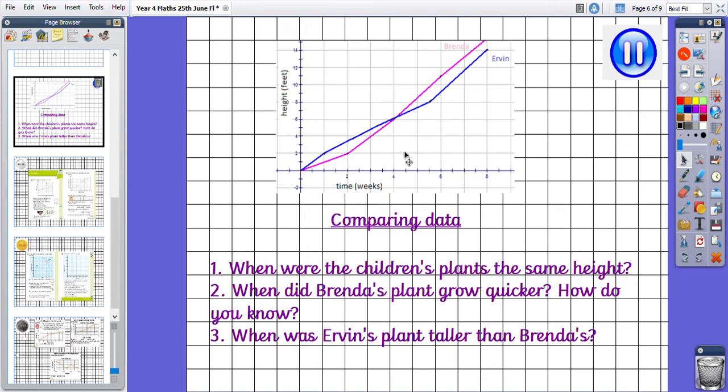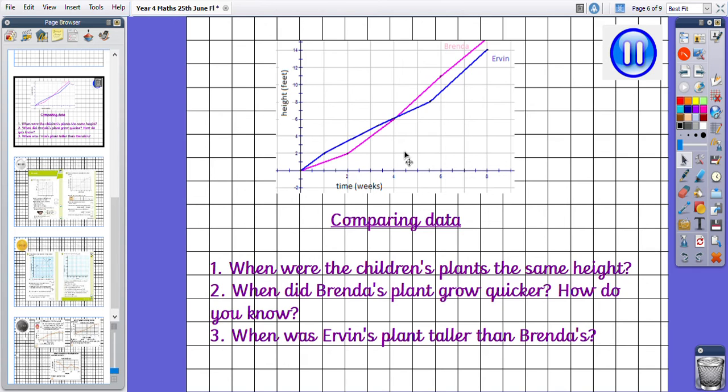Question 2. When did Brenda's plant grow quicker and how do you know? This is going back to the question that we've just done, looking at the gradient of the line, so whether it's more horizontal or more vertical or more diagonal. When do you think Brenda's plant grew the quickest? In what time? How steep is that line on the line graph for Brenda?